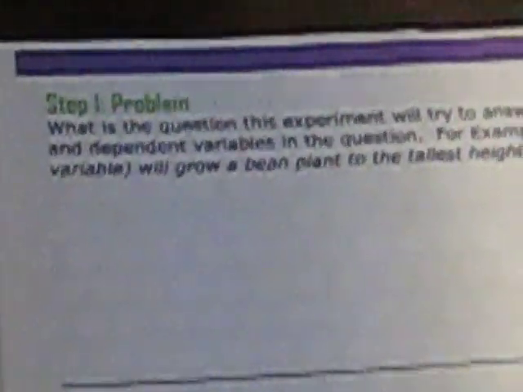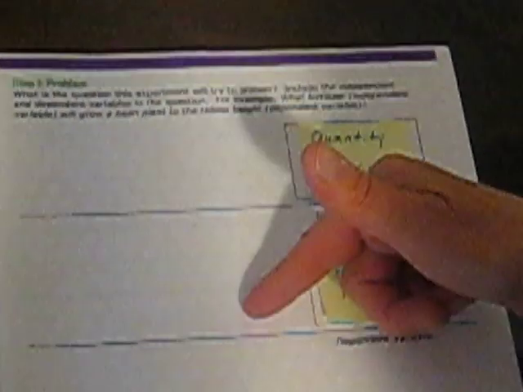So I get them to take their sticky tab, that was the independent variable they chose, and put it right over here. And I get them to take their dependent variable and transfer it right over here. And then I get them to turn their independent and dependent variable into a problem question. So how does the quantity of exercise affect the heart rate? And they can fill that in.